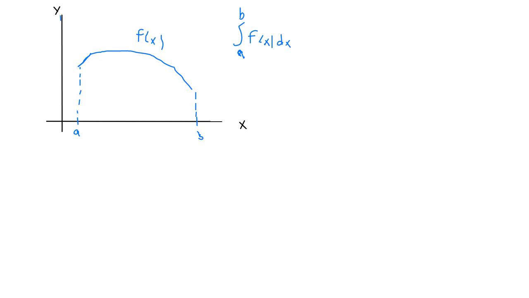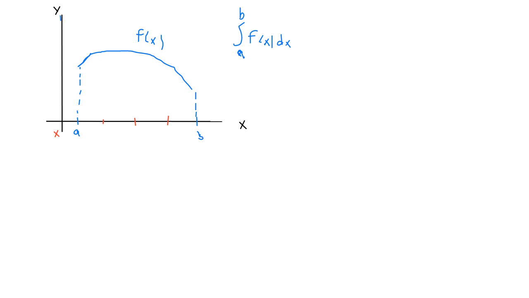And what if we didn't know the antiderivative? Well, we could approximate the area under the function. So what we could do is take our interval from A to B and divide it into 4 subintervals.